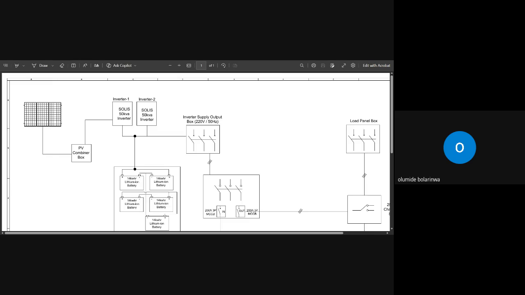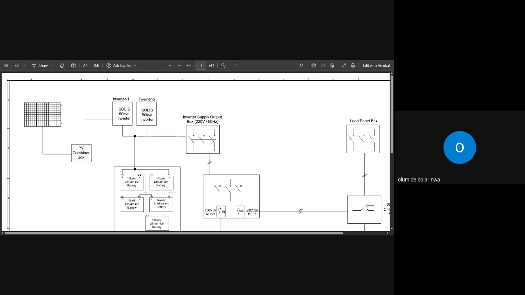We have 50 kVA inverter, 3-phase. How many are we having? 2 inverters.